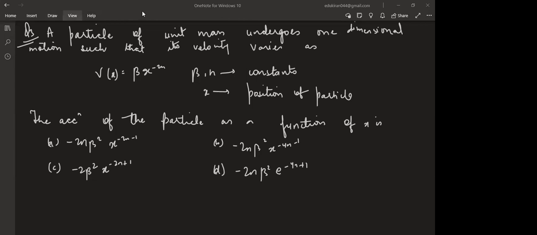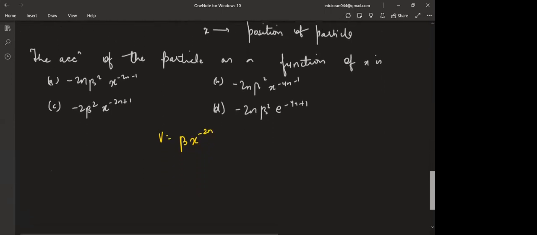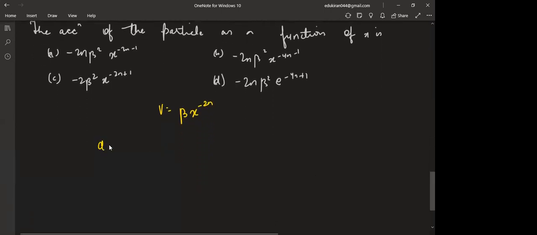See class, here velocity is beta x to the power minus 2n. Now acceleration is what? Acceleration is differentiation of it, the rate of change of it, right? But if you differentiate it here, will you get any answer?